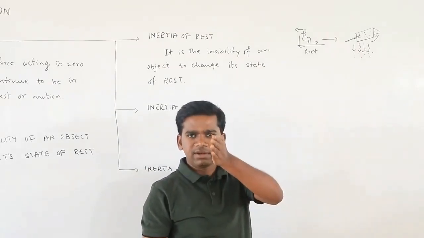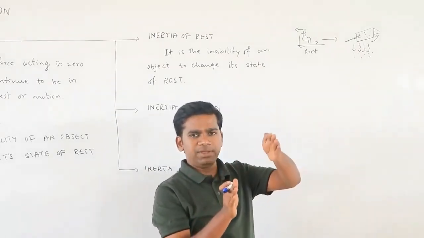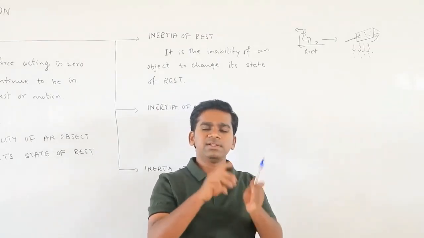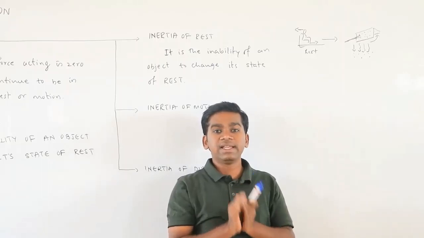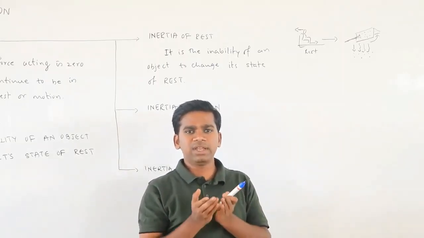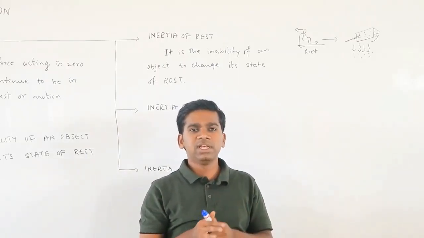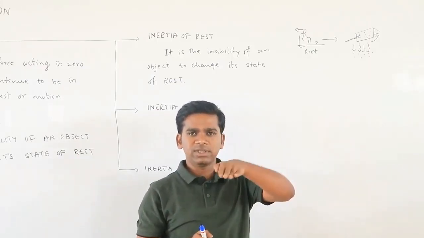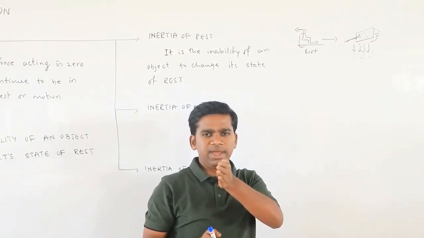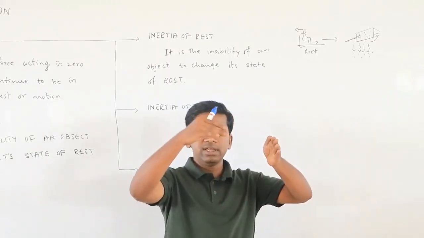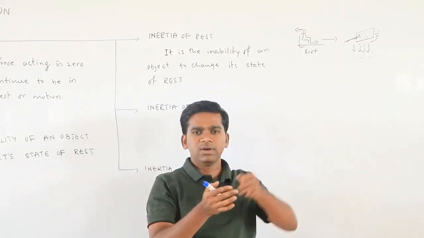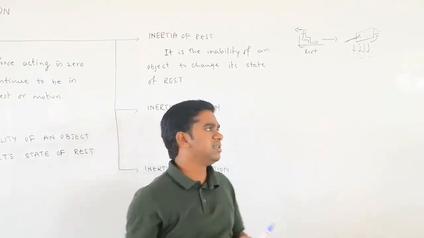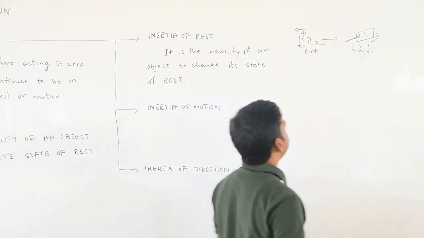Only the mat is moving, but the dust particles want to stay in the state of rest. That is the inability of those dust particles to change their state of rest. So they want to sit there only. Suddenly when the mat moves, there is no place to sit, so they start falling down under the gravitational force.